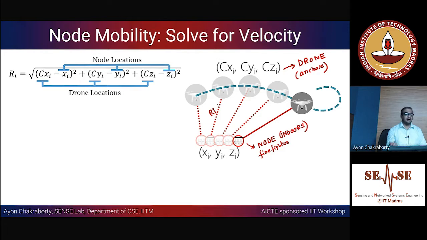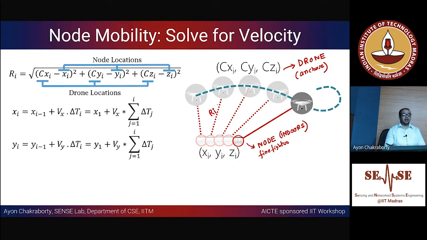Again, we still get a smell of how we tried to solve for the case of multilateration, how we set up the nonlinear least squares formulation. It is very similar if you see. Just that there is only one catch, that this Xi, Yi, and Zi keeps on changing continuously. And if we have an assumption that the velocity is uniform, or like we are assuming some kind of an average speed in the x direction and y direction, that is what we denote as Vx and Vy.